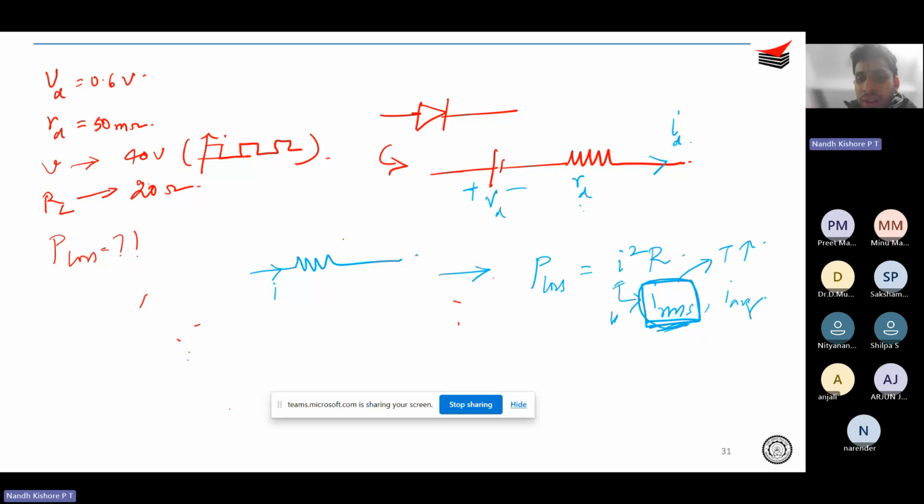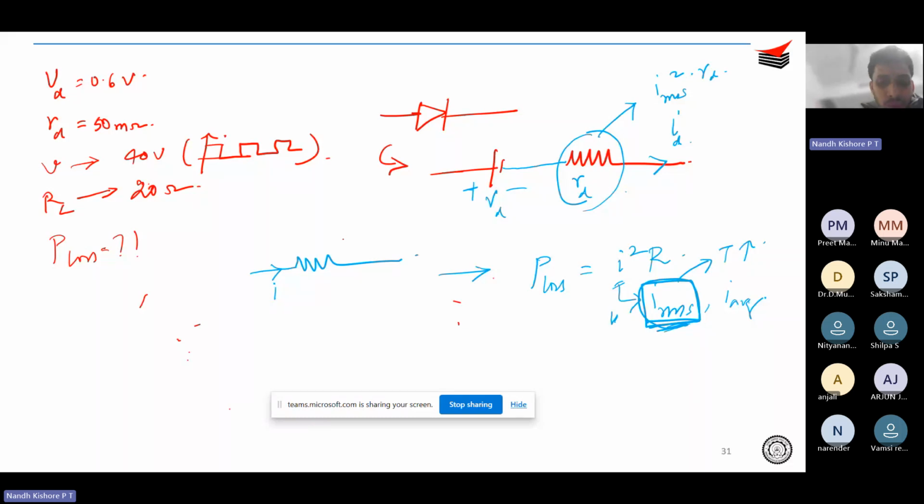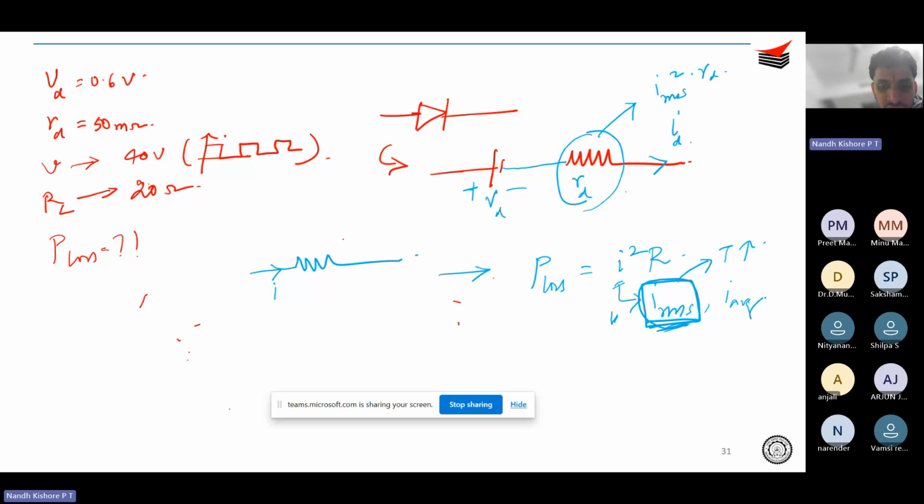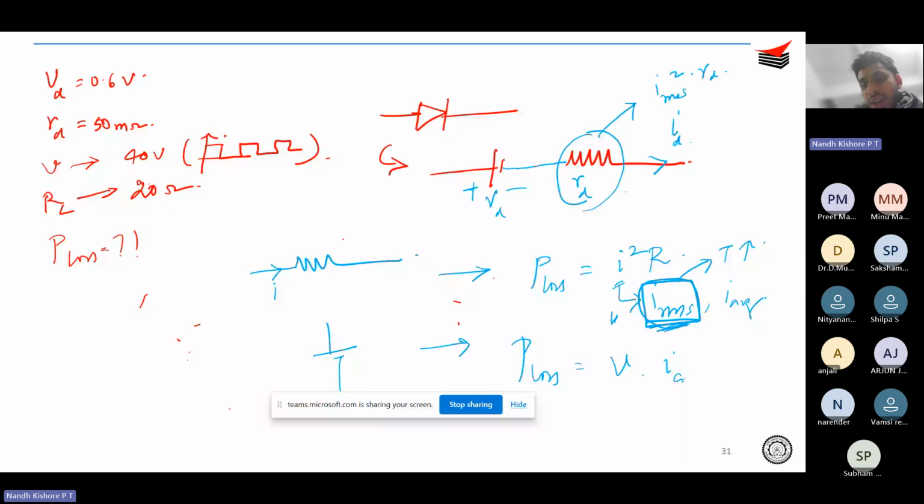So the power loss for this resistor is going to be I RMS square into RD. However, for a voltage source, if someone asks what the power loss is, it's going to be simply V average into I average. So the power loss is going to be VD into I average.